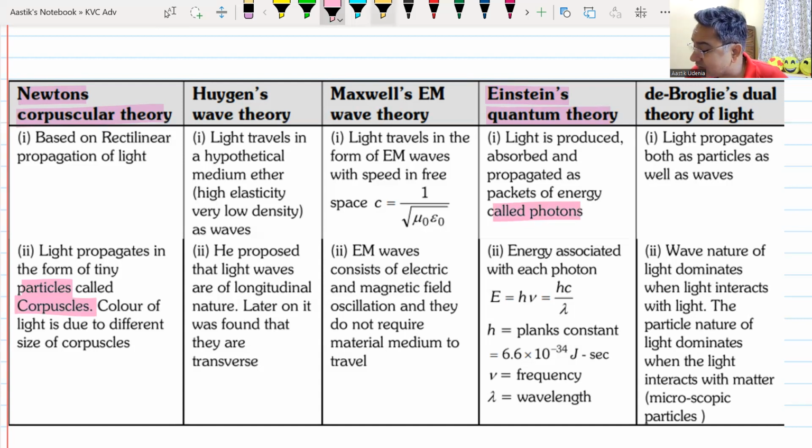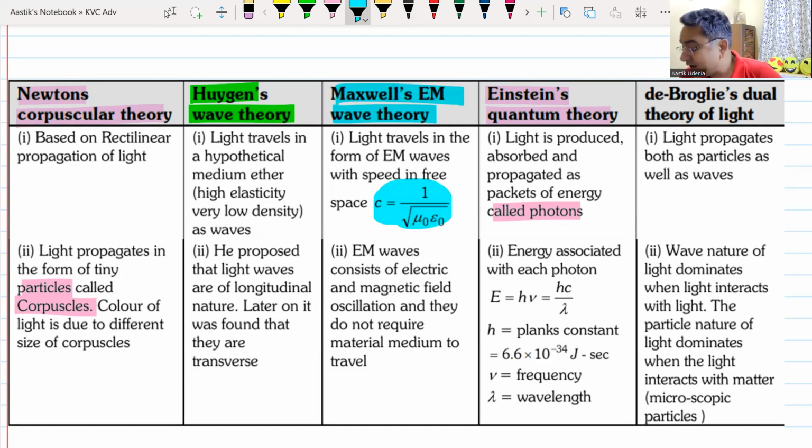Then we have Huygens wave theory, which we are going to study now, in which the light travels as a wave. In EM theory, it is an electromagnetic wave, and we have seen the speed of light is constant. Then we have de Broglie's wavelength. Remember de Broglie wavelength, where he says that light has a dual nature.